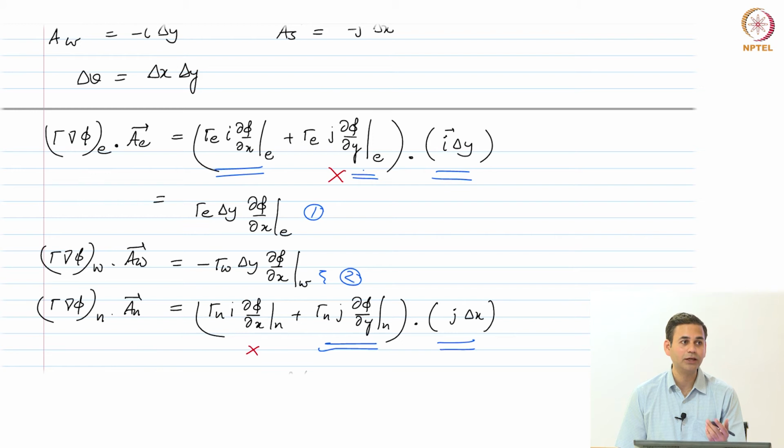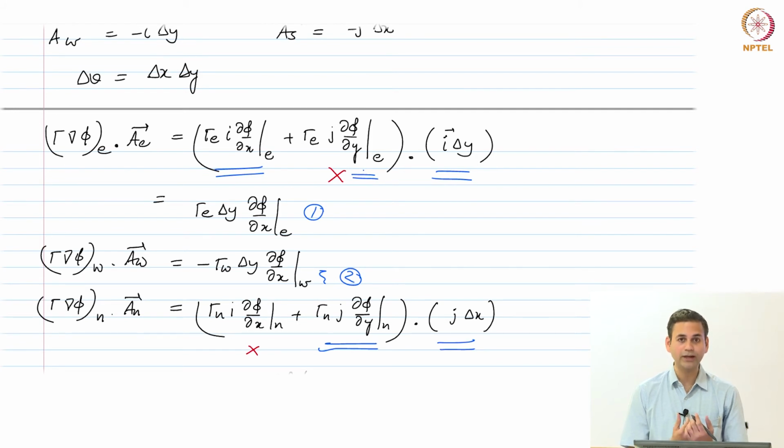Similarly, on the north face we had an x derivative and a y derivative, but the x derivative never showed up, because they all disappeared. Why did all these terms disappear? Because the mesh is orthogonal. Essentially it is Cartesian, meaning it is orthogonal.